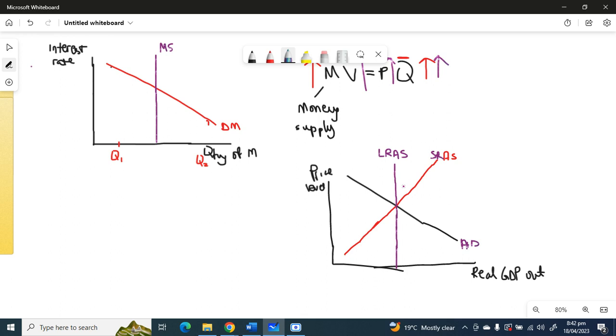So now we're going to see a situation where the central bank has to employ an expansionary monetary policy. That situation is when the economy is undergoing a recession. We have a recessionary gap. So we say our AD curve, we'll put it here.